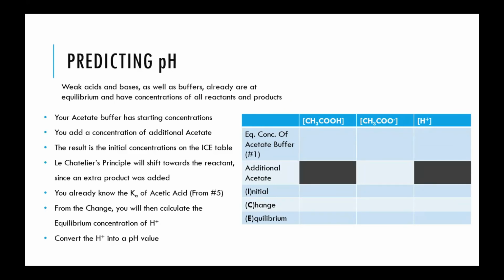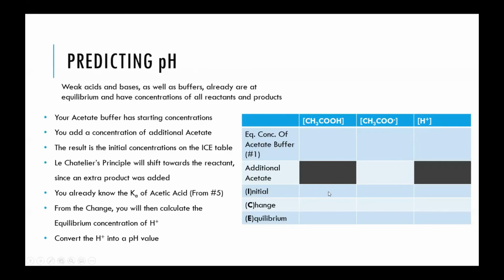Last, the last part of that is you're looking at one of those larger math-heavy, algebra-heavy problems. You're looking at when you have your acetate buffer, you have an already known concentration at equilibrium of acetic acid, acetate, and H+, and you're adding in some value of extra acetate.